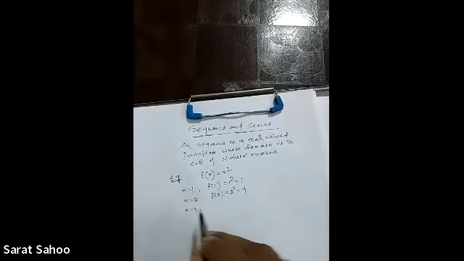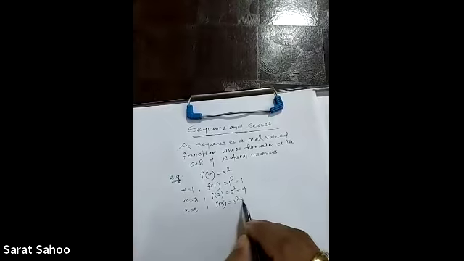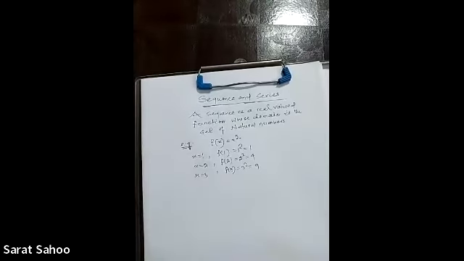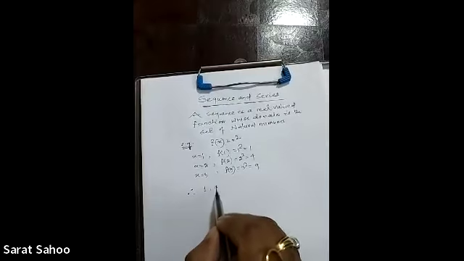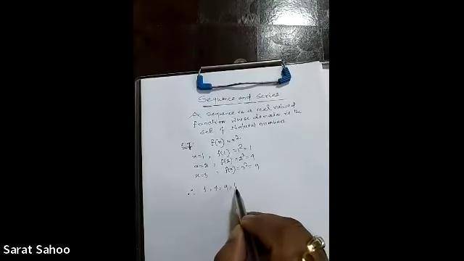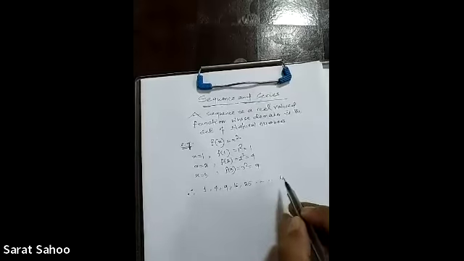Then x is equal to 3, f of 3 is equal to 3 square is equal to 9. Thus, 1, 4, 9, 16, 25 is a sequence.